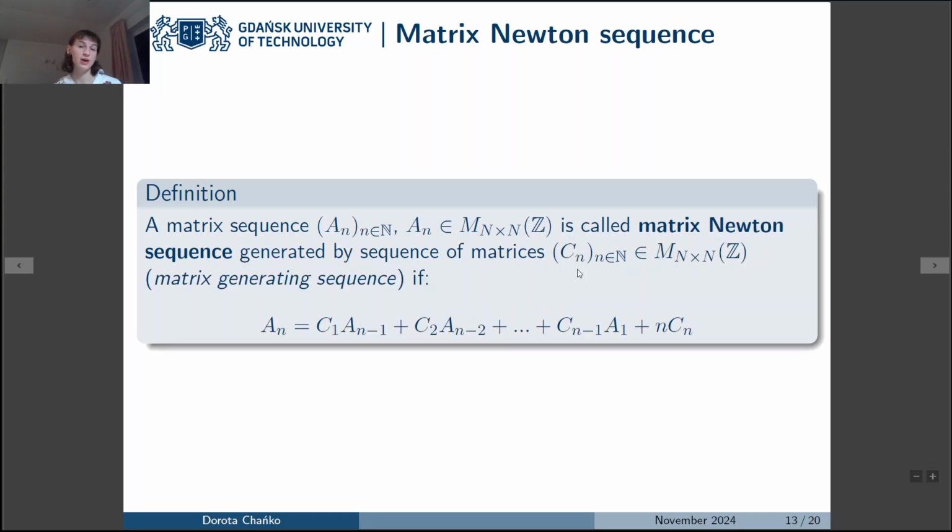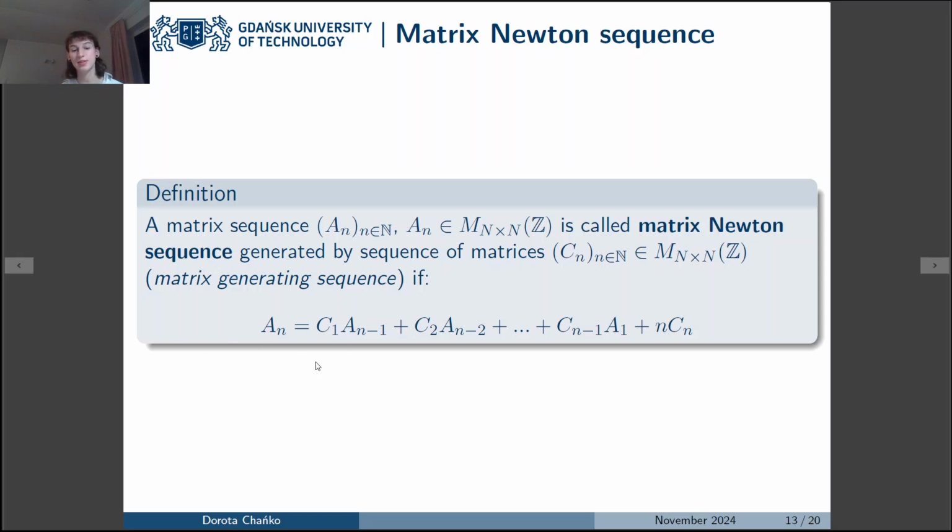And now Newton sequence. A matrix sequence A_N, also with integers as terms, is called a matrix Newton sequence generated by the sequence of matrices C_n, also with integer terms, which is called the matrix generating sequence, if such equality is true.